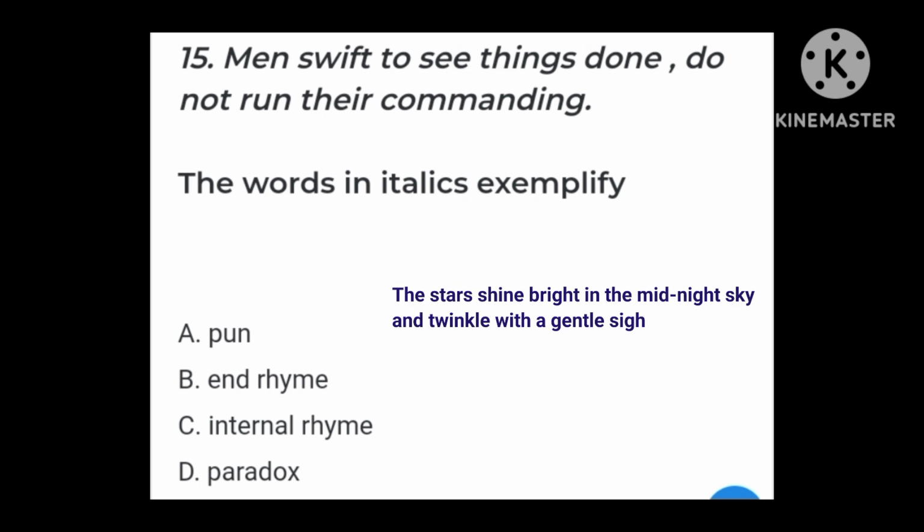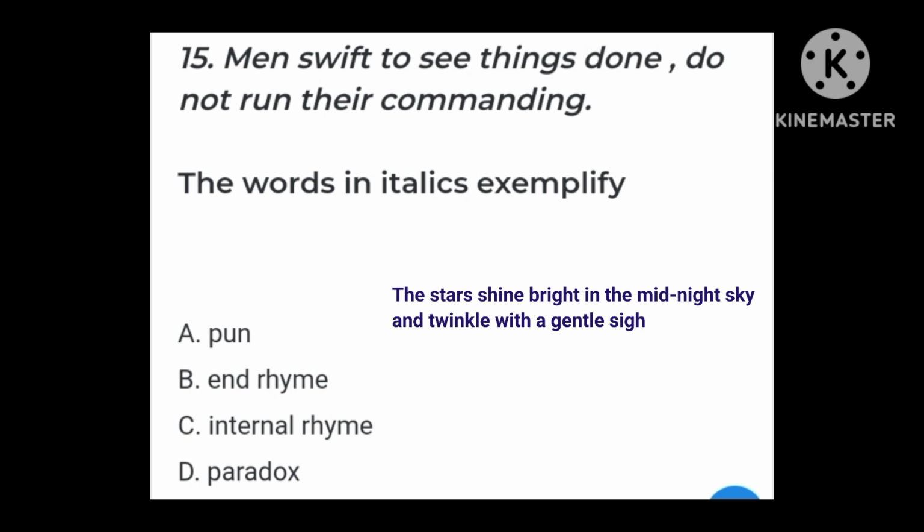A good example of end rhyme is, the stars shine bright in the midnight sky and twinkle with a gentle sigh. The words sky and sigh rhyme. Sky is the end of the first line, while sigh is the end of the second line.